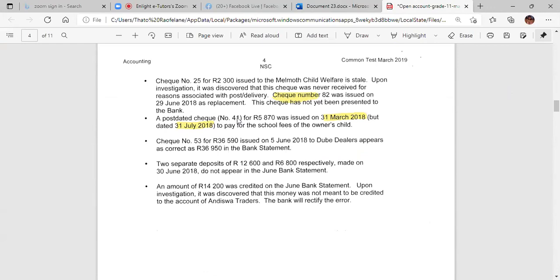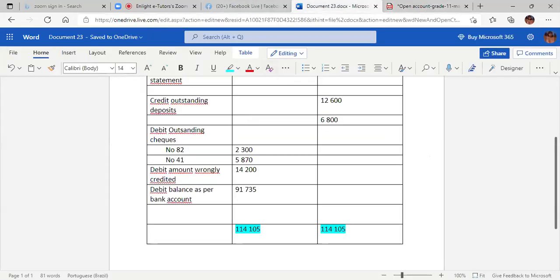So we know how to account for a post-dated check. A post-dated check on the creditors, on the cash payment journal, written on 31 March. The person who wrote the check will only get the money on 31 July and after that. Between March and 31 July, this post-dated check will show on the bank reconciliation statement under outstanding checks until the dating is right.